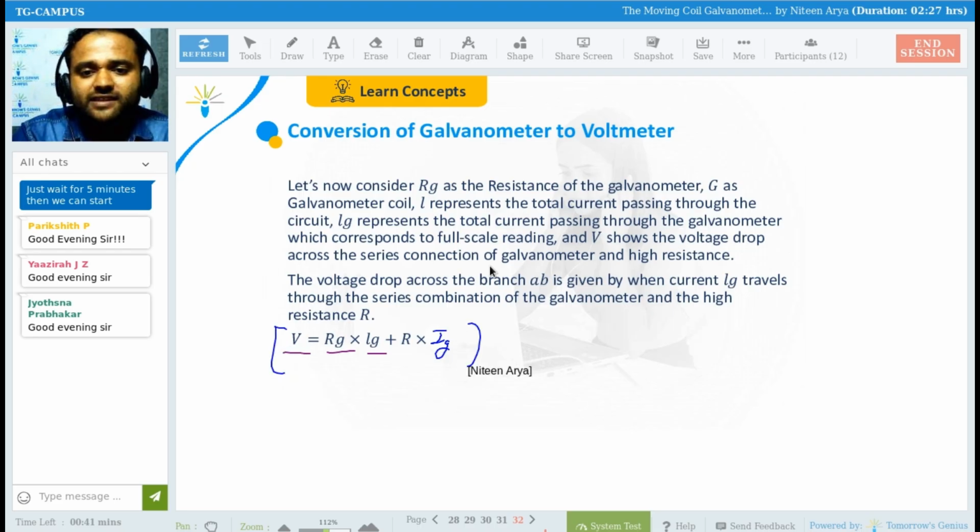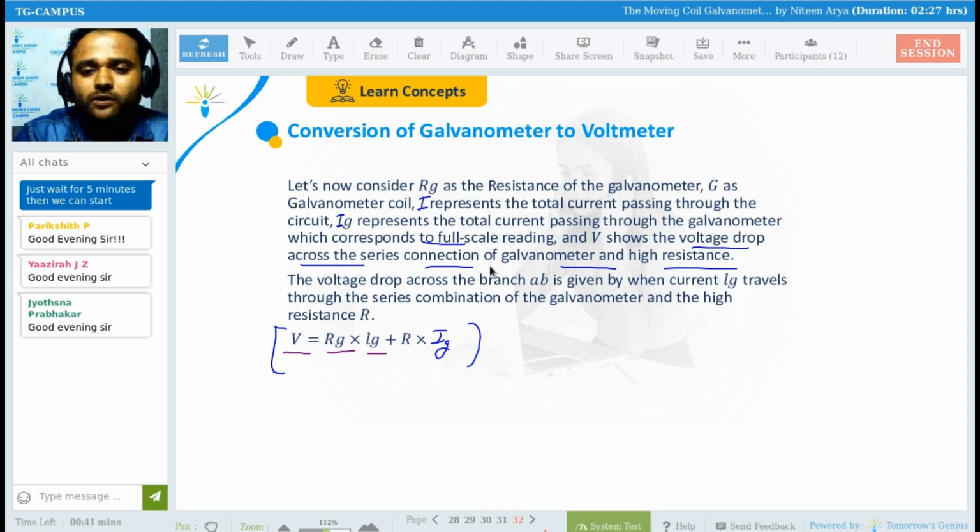So let's now consider RG as the resistance of the galvanometer, G as the galvanometer coil, I represents the total current passing through the circuit, and IG represents the current passing through the galvanometer, which corresponds to full scale reading. V shows the voltage drop across the series connection of galvanometer and high resistance.